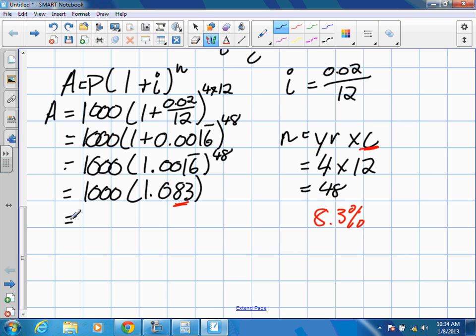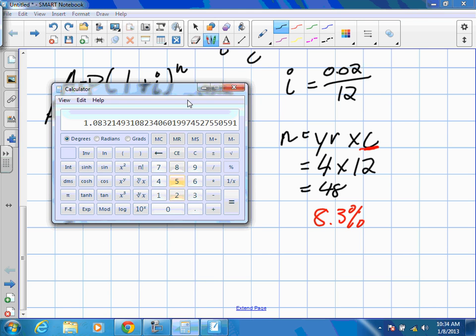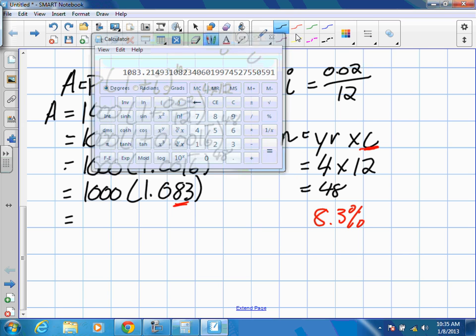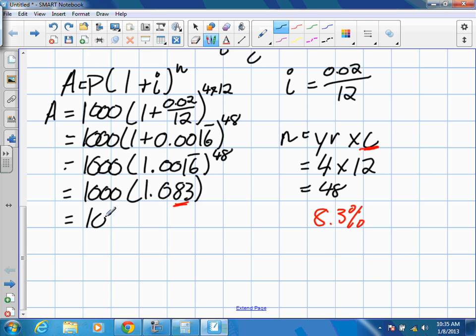So let's find out our final answer here. We take this decimal, and it's actually higher than 8.3% because of all these extra numbers at the end. Multiplied by 1,000. $1,083 and an extra 21 cents. Lucky us. $83.21. We got the extra 21 cents. That 1 cent's going to be obsolete in February in Canada. No more pennies.